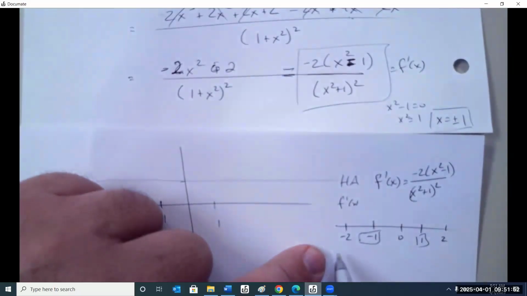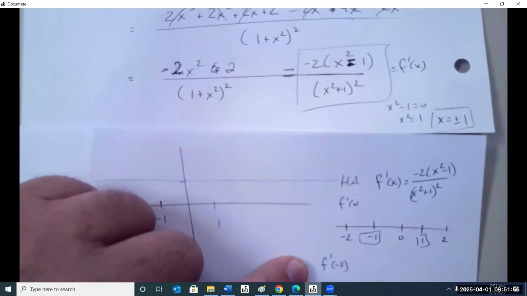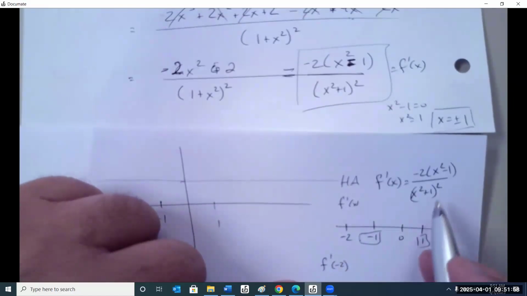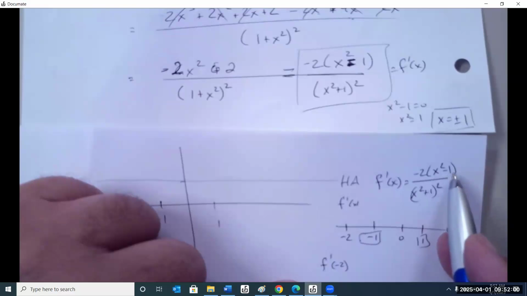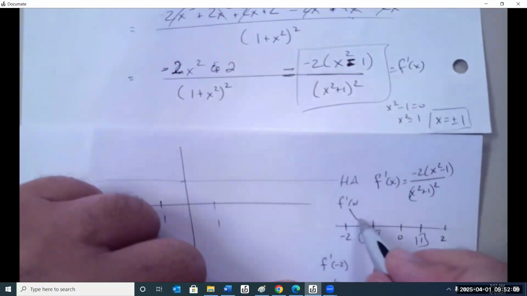When x is -2, we get a positive 4 minus 1 is 3, so it's negative over a positive, so it's going to be decreasing here.